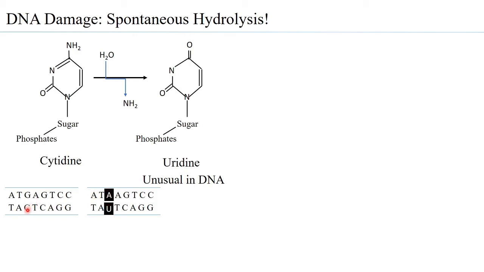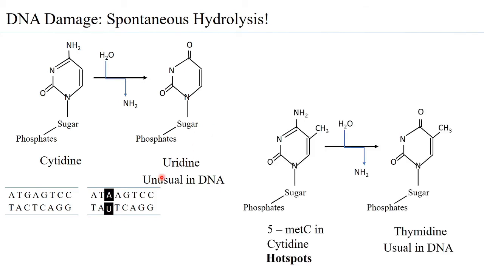So because the C has got converted to U, in the new daughter strand, you will not get G, but you will get A. So you can see there is an alteration. There is a mutation that is happening because of spontaneous hydrolysis of what? Of cytidine, that gives rise to what? Uridine.